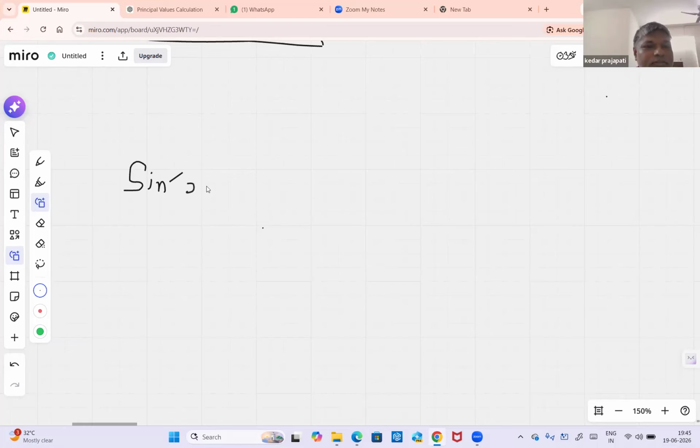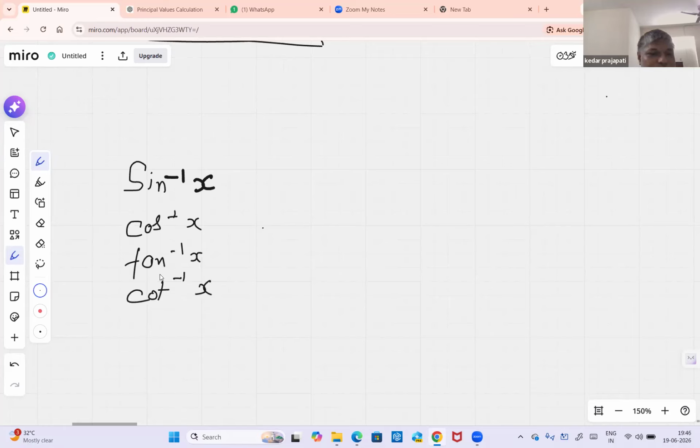sine inverse x, cos inverse x, tan inverse x, cot inverse x, sec inverse x and cosec inverse x.